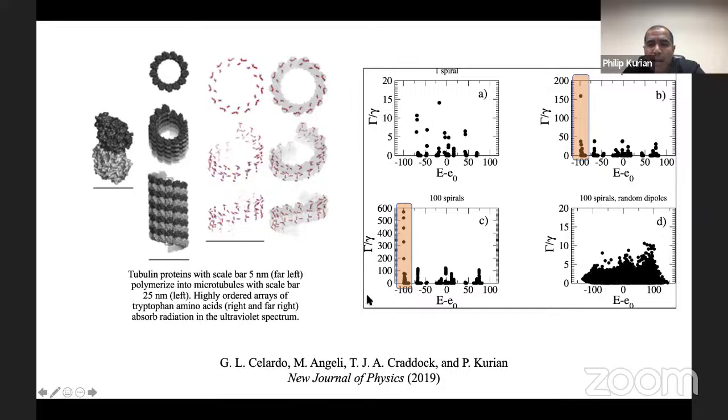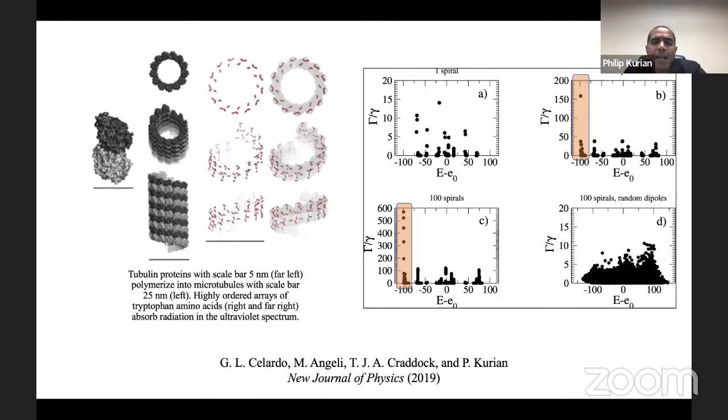And then at 100 spirals, you have 600 times that single tryptophan superradiance. And if you were wondering if this is just the result of any repetitive sequence, we took 100 spirals, put them in that same order, but randomized the orientations. And you can see that at 100 spirals, this washes out the superradiance.